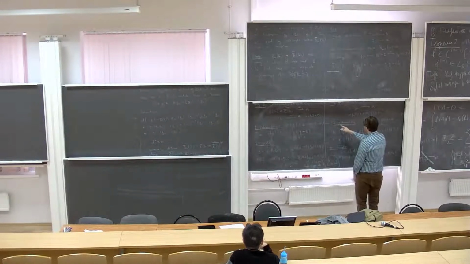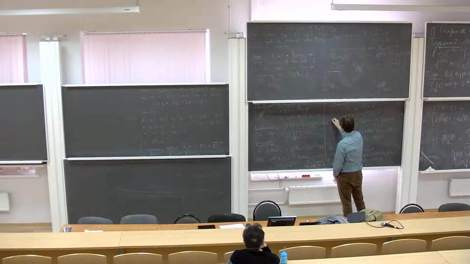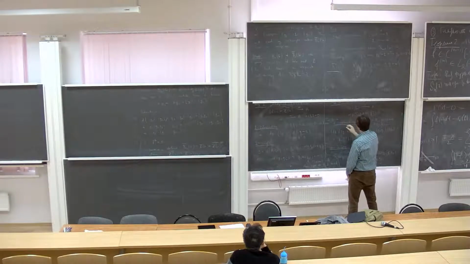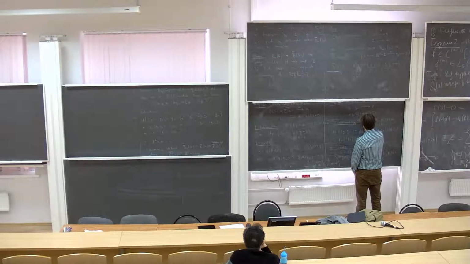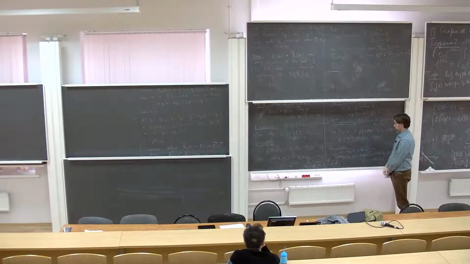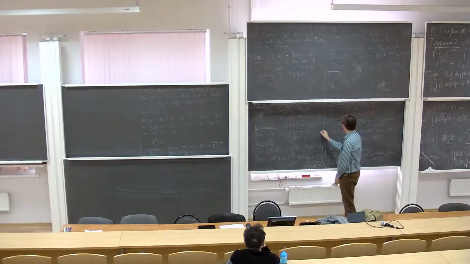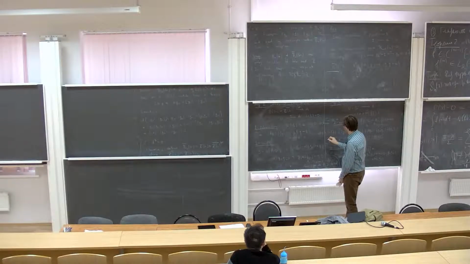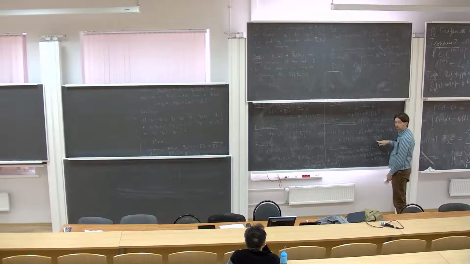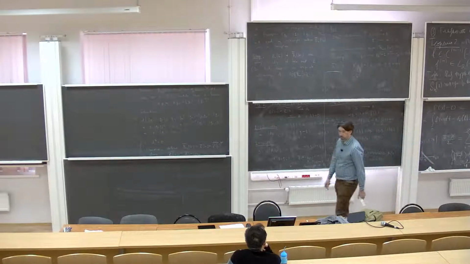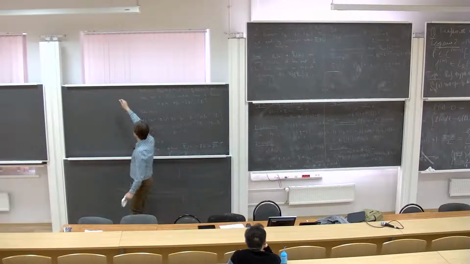I'm saying alpha is a coboundary if there exists beta such that alpha of G1, G2 equals this expression. Let me draw it.